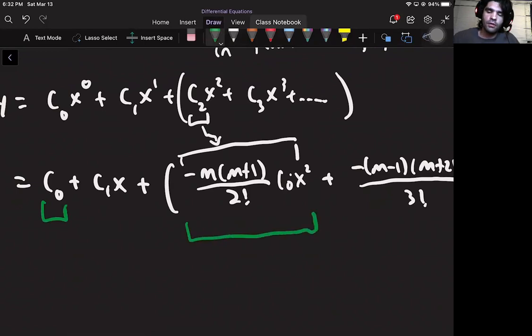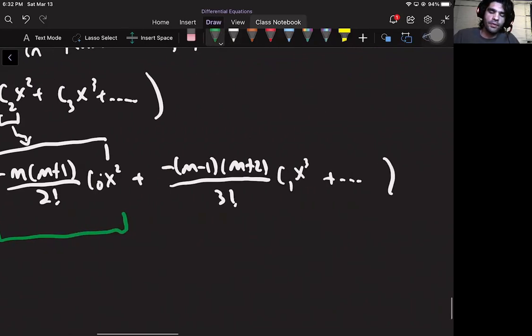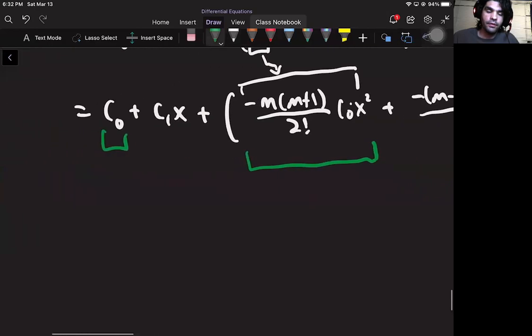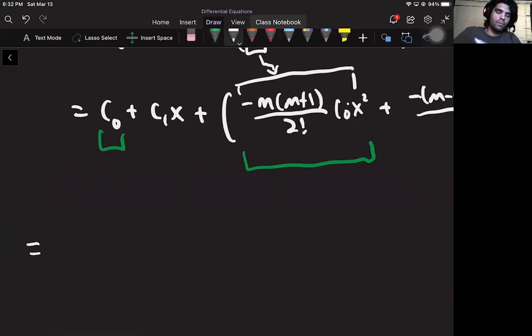And so notice the C0 terms all go with even powers of x. So x to the 0, x squared, x to the 4th, x to the 6th, and so on. So I'm going to put those all and then factor out C0.